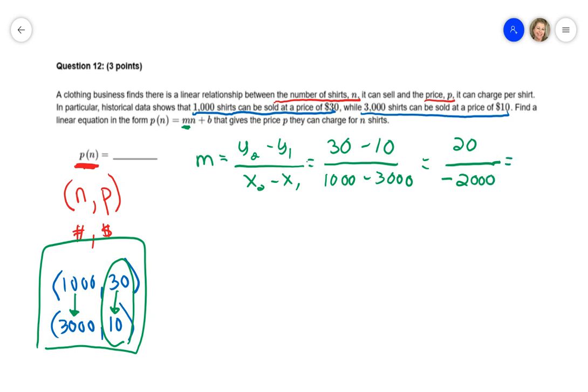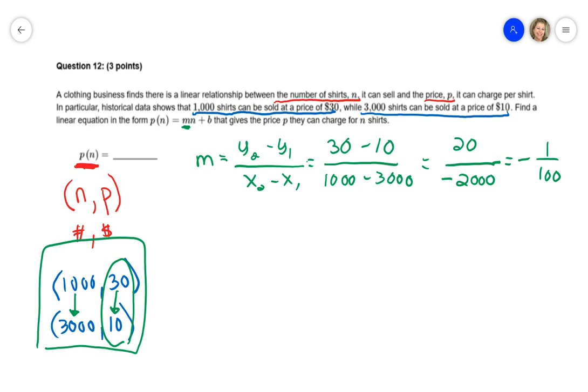And Mobius didn't tell me that it had to be a fraction or a decimal. I tried it both ways. It didn't matter, so I just reduced it down to negative 0.01. Although most people like slope in fraction form, so this would be negative 1 over 100. It's the change in Y over the change in X, but you could use a decimal also.